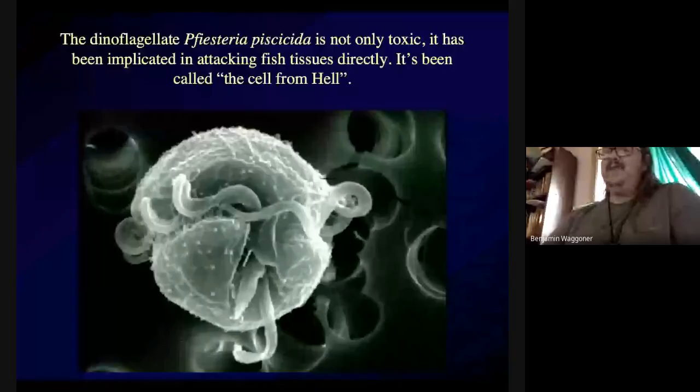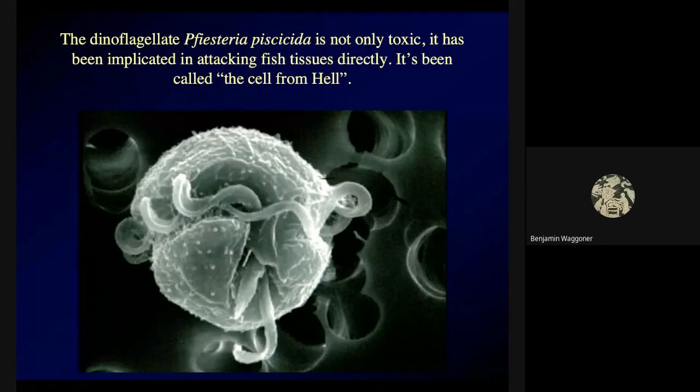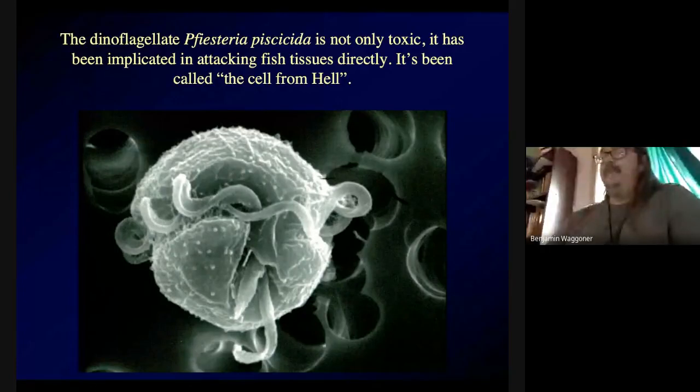This is one dinoflagellate that has been implicated in directly attacking fish tissues, causing outright disease in fish. It's been called the cell from hell. Researchers that have come into contact with the toxin that Pfisteria makes have reported physical and mental symptoms, things like memory loss.